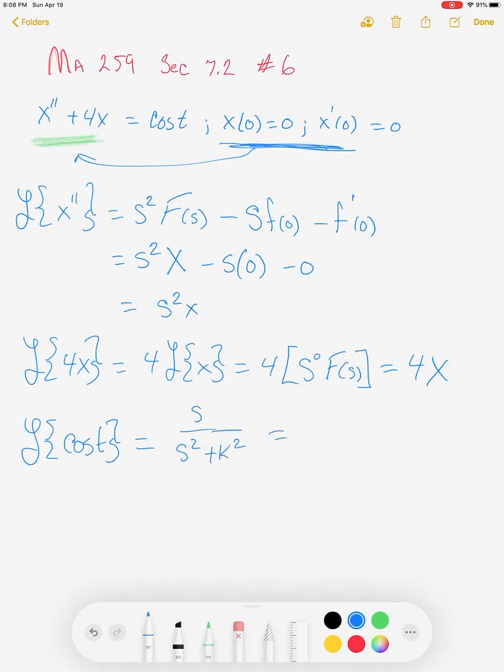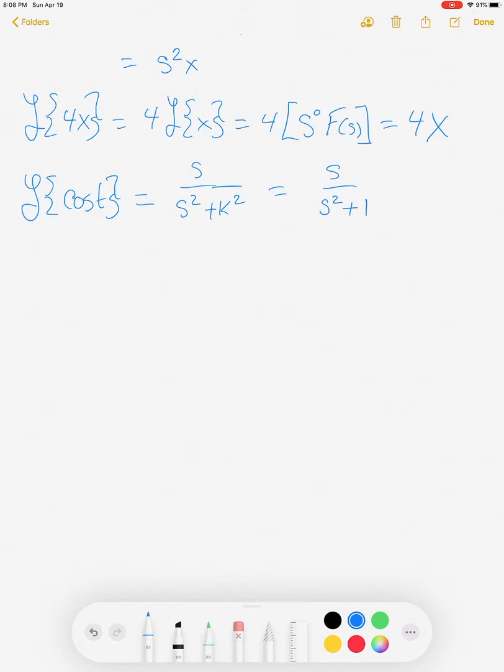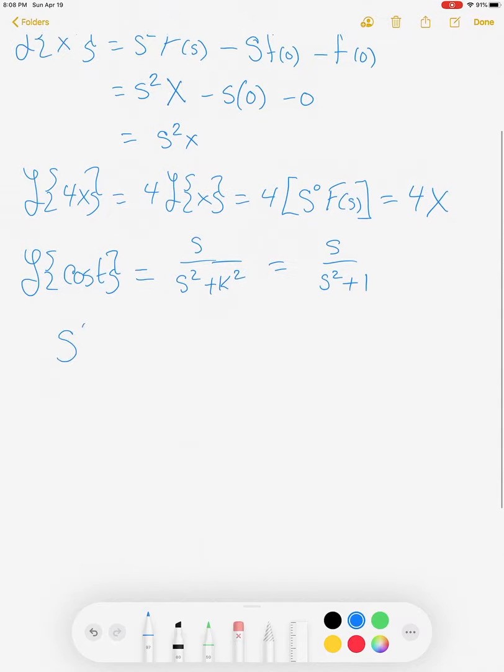And in this case, k is equal to 1, so s over s squared plus 1. So when I put that all together after my Laplace transforms, I have s squared X plus 4X is equal to s over s squared plus 1.